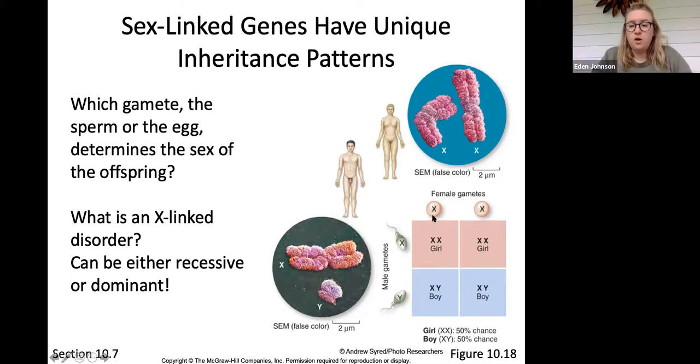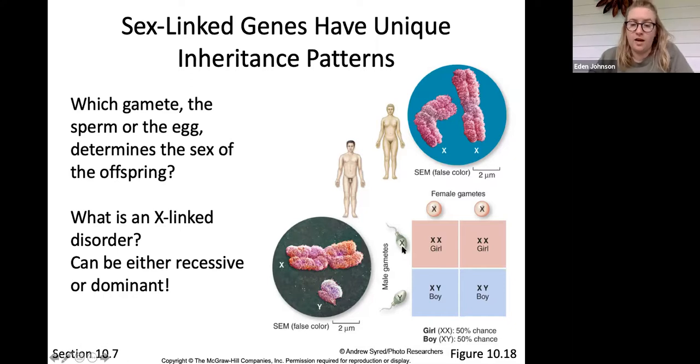So females would have to have 2 recessive alleles on her X chromosome. However, if you only have 1 X chromosome, like in a male, even a recessive trait will act like a dominant trait if you have a recessive gene on that X chromosome, okay?